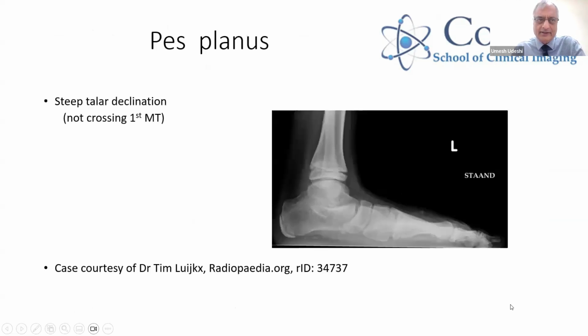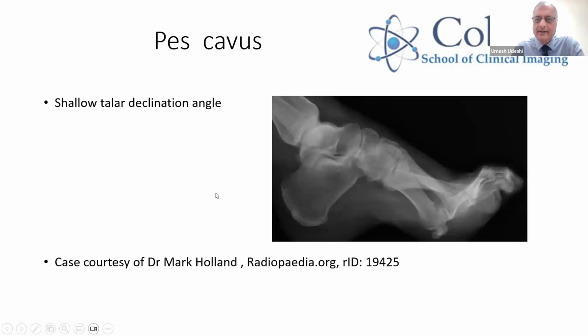So some examples. Here's a flat foot. If you drew a straight line through this talus, it's not going through the first metatarsal, and that's a flat foot. You can actually see how flat it looks. The longitudinal arch is gone on this lateral weight-bearing radiograph. And here's a severe pes cavus.